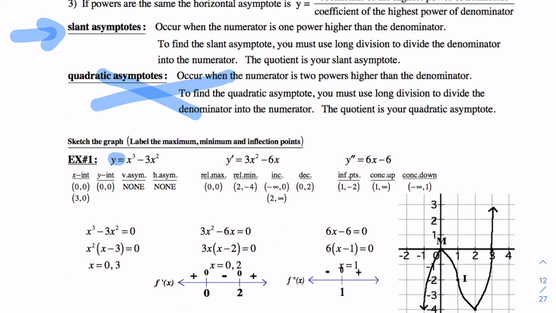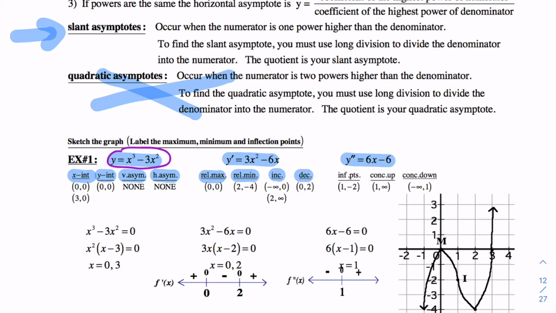For example 1, given this function, first we take the derivative and the second derivative. From the original function, we should be able to get the x and y intercepts, vertical asymptote, and horizontal asymptote. From the first derivative, we find the critical points first, then the increasing and decreasing intervals, and the max or minimum values.